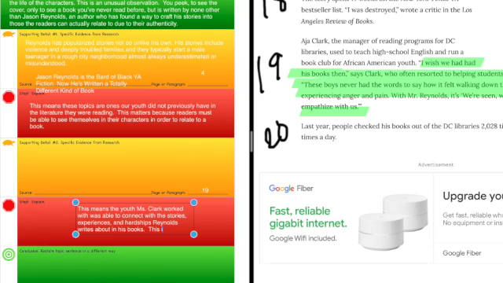This is important because it validates the feelings of those children and lets them know they are not alone.